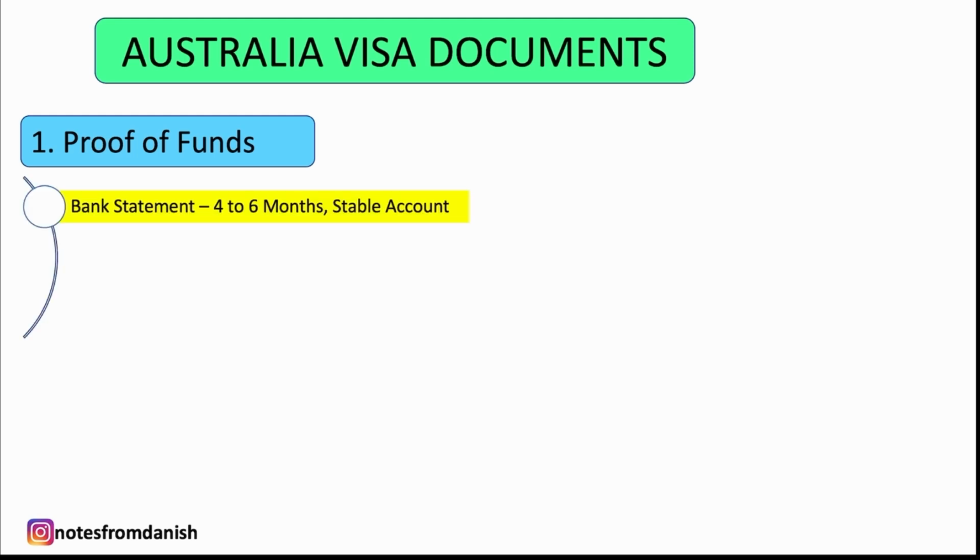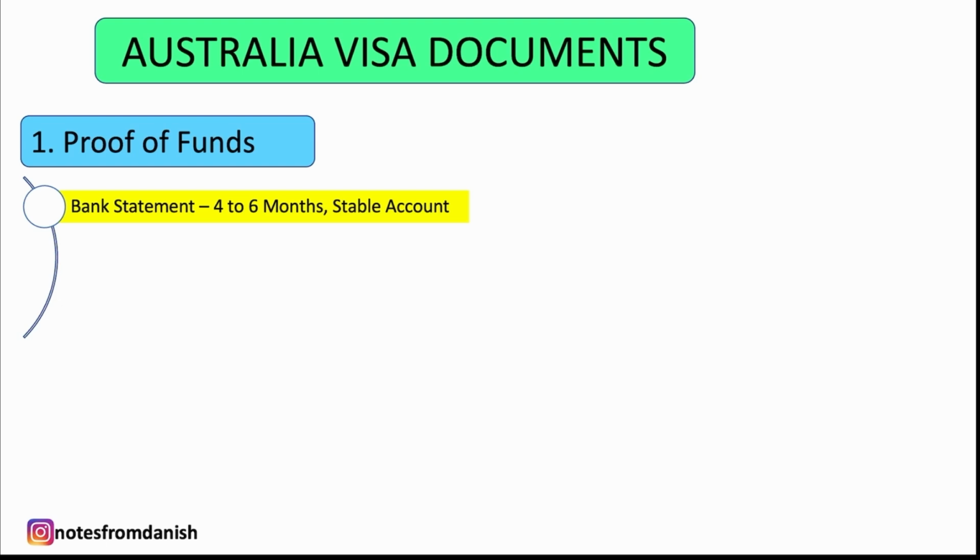The bank statement should be 4 to 6 months old. The bank statement should be stable in nature. Let us say that you have $10,000 in your bank account, and that $10,000 you deposited just one day prior to uploading the bank statement, and before that, for the last 6 months, there was no activity in your bank account. So your bank account was inactive. Just one day prior you deposited $10,000 in your bank account.